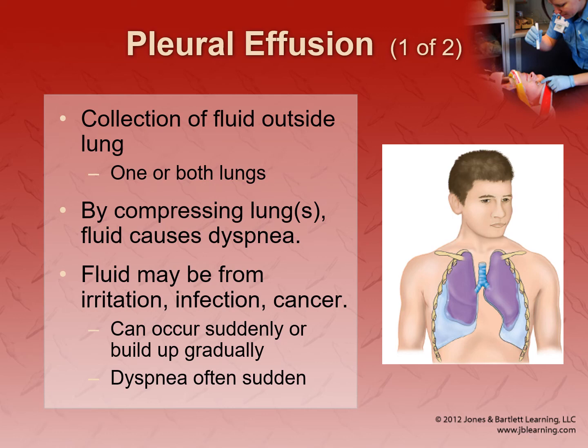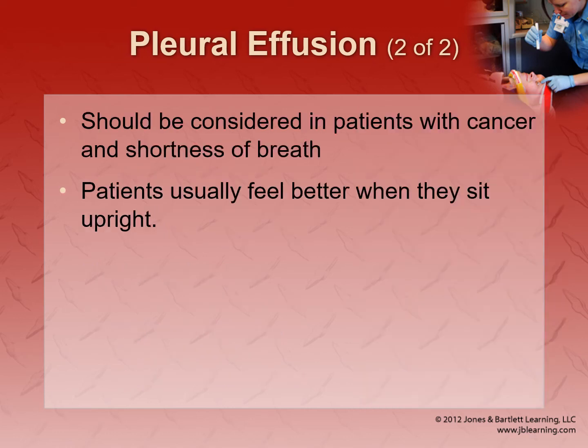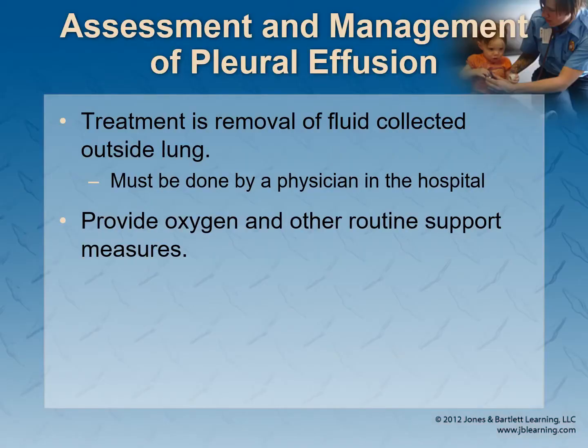There's not a whole lot we can do about it. You give them oxygen, you BVM them if they need it, but otherwise it's a monitor and transport type of situation. Obviously, the fluid needs to come out, but that is beyond y'all's scope, so support the ABCs and get into the hospital.